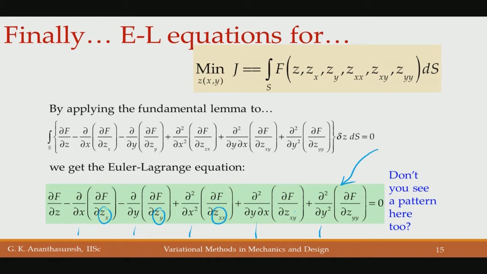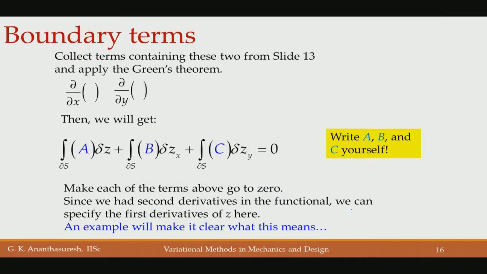Okay. So, we can actually write them down without having to do any calculation. Similarly, boundary terms tend to be longer. So, these things that I have not shown here, A, B, C, are pretty long. You can always take them and write them yourself, just the rearranged terms and looking at it.